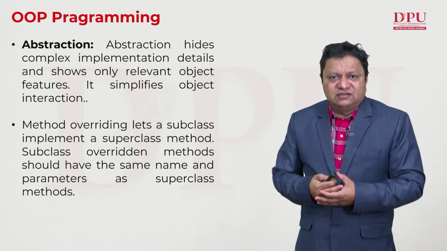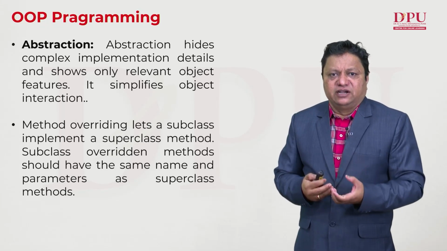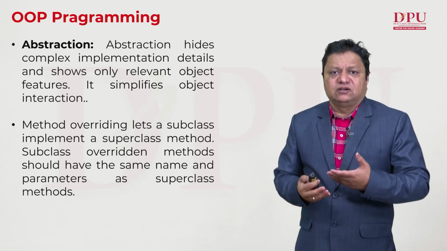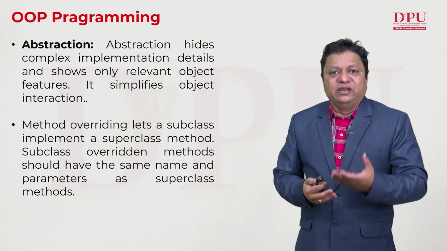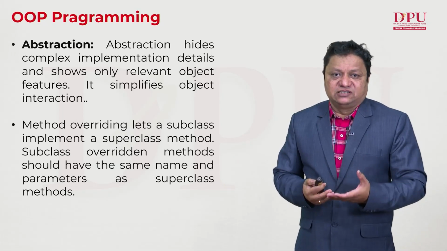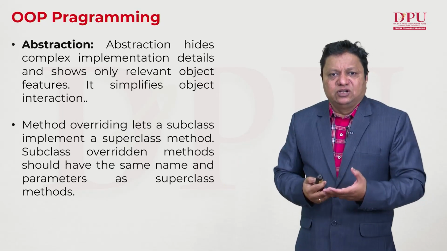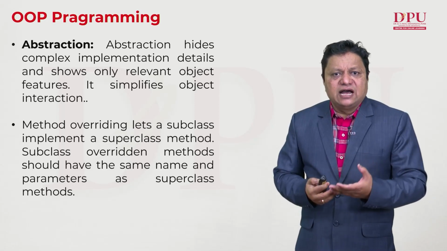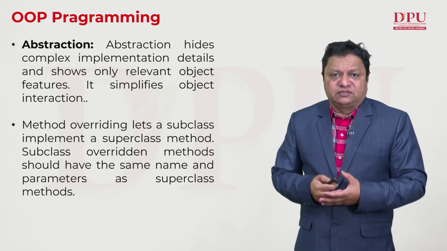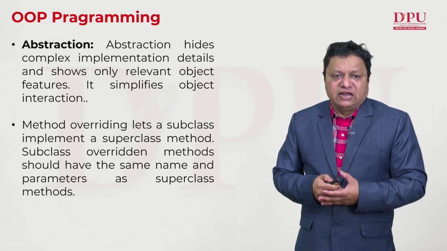What does the user require? The user requires only the functionality. The user need not know the internal details of that particular application or product. That is called abstraction. So, abstraction, encapsulation, inheritance, class, objects, all these are the main concepts of object oriented programming language.